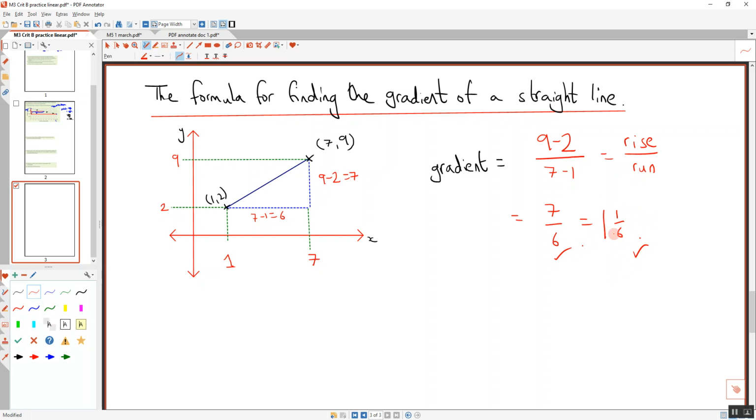Okay, so we're going to generalize this now. So we did this with numbers. If I had to replace these all with letters, so let's call this x1, actually let's call it x2.